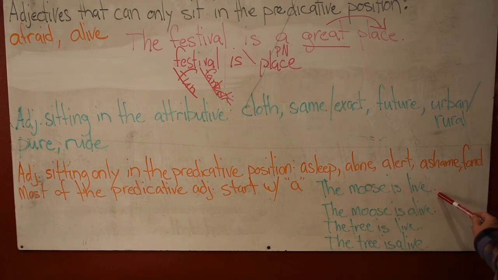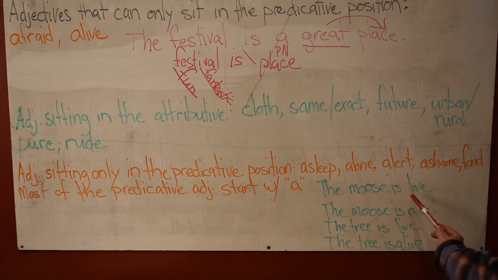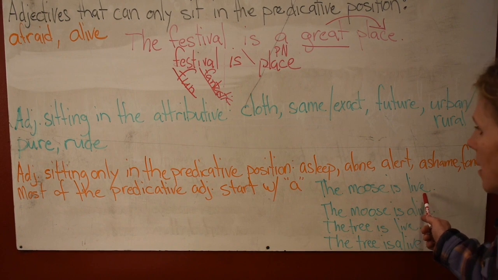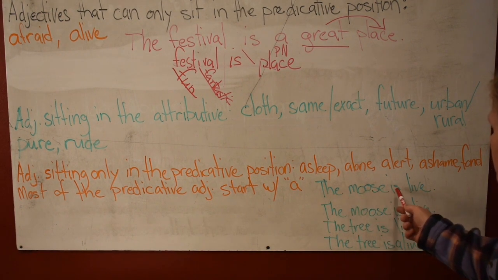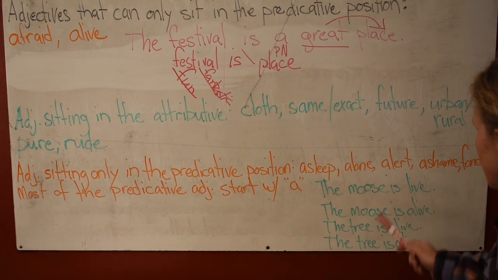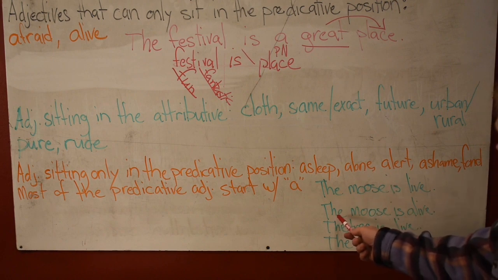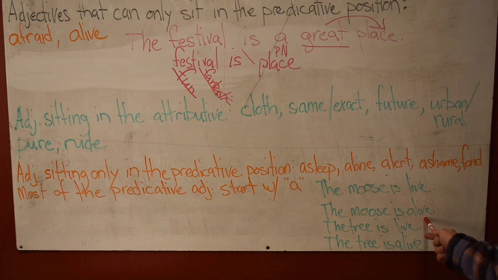The moose is live or alive. This is an unusual word because it can be live or alive. As live, you can say the live moose. This is how you would use the moose is alive. You don't say the moose is live.